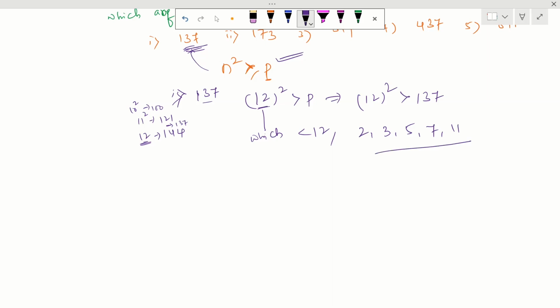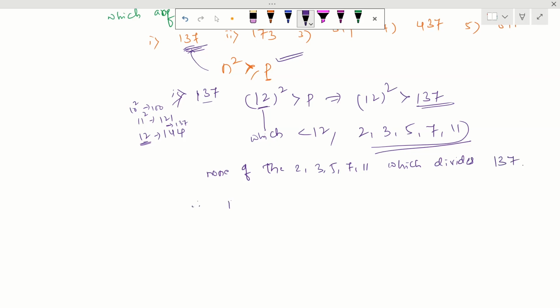We have to check whether any of these numbers divides 137. You just check. None of the numbers 2, 3, 5, 7, 11 divides 137.